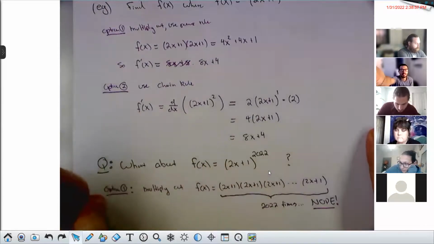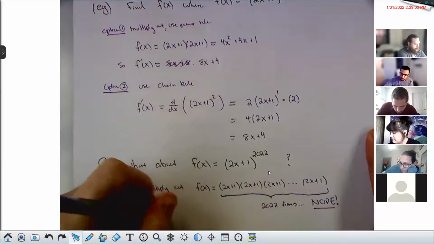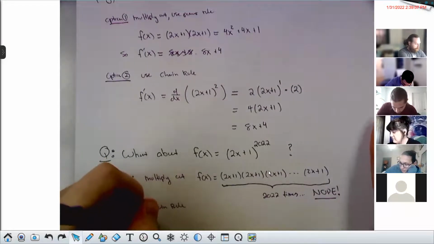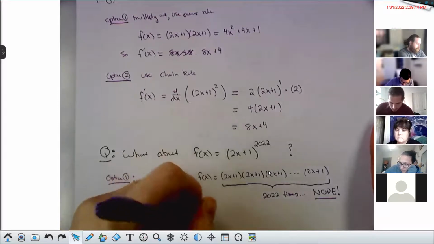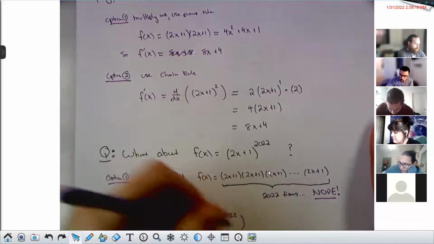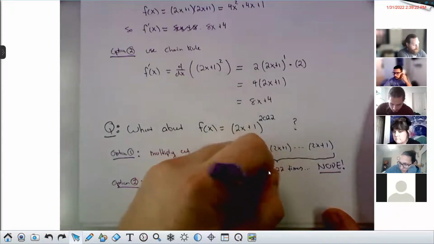But if we use the chain rule, well, then you can calculate it right away. F prime of x would be d/dx of (2x plus 1) to the 2022. Again, the power is the outer function here.